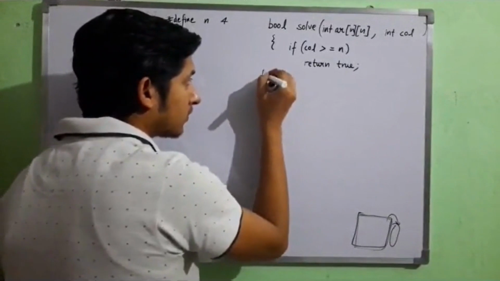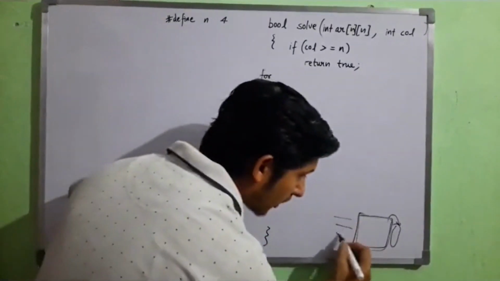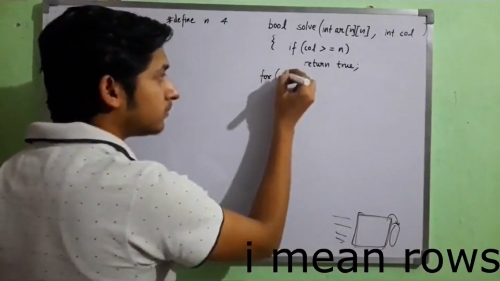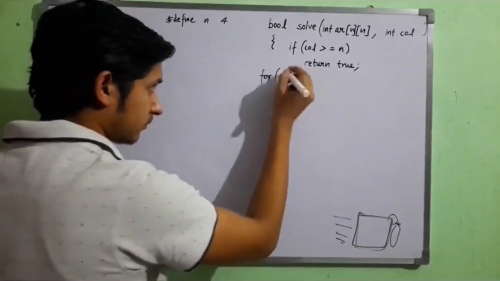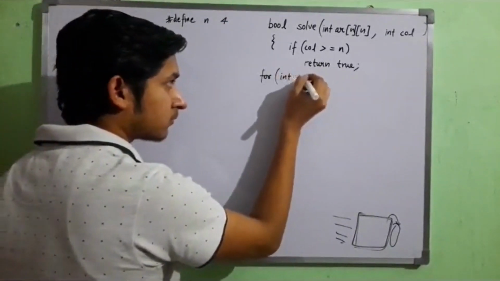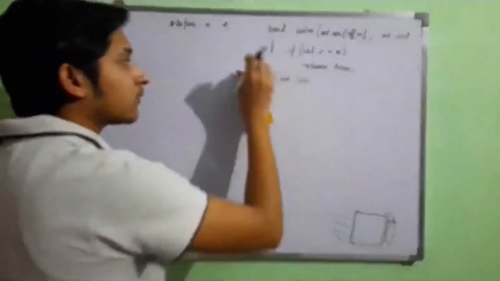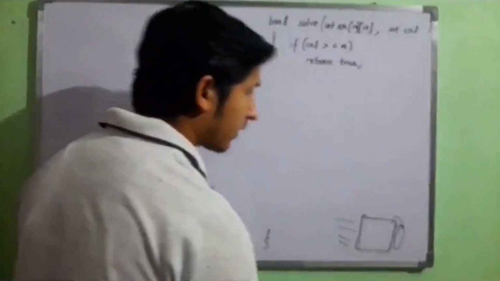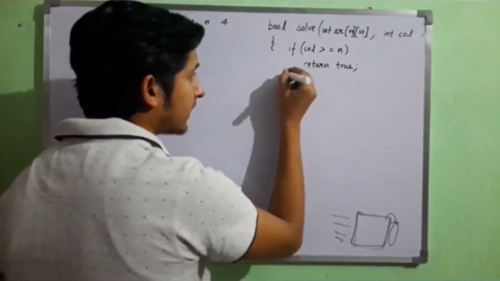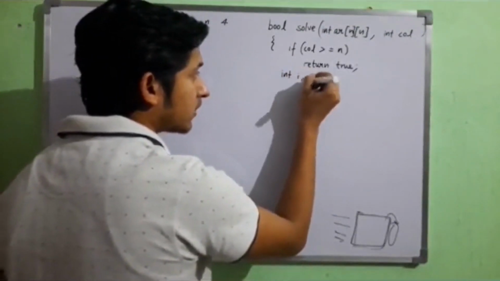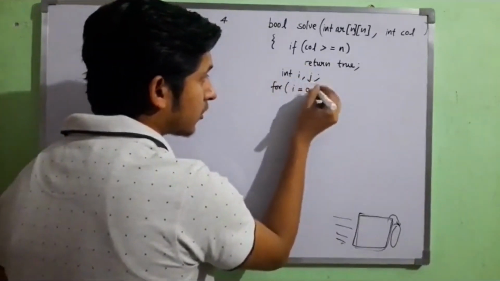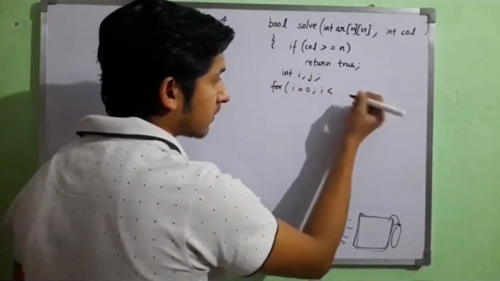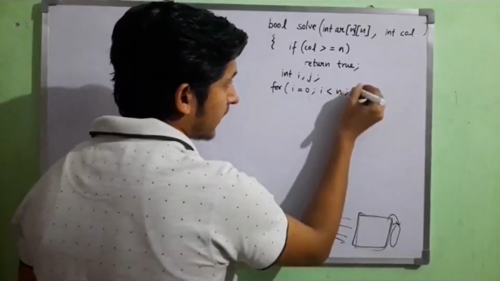So for all columns, let's declare i and j first. So for i equals 0, i is less than n, i plus plus.